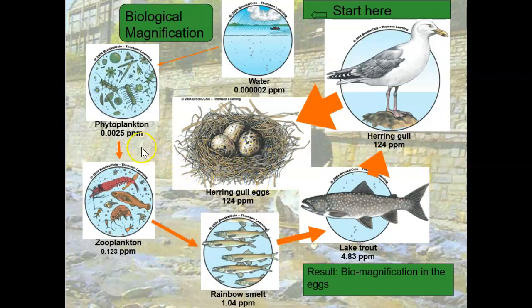So in this case, you can see the parts per million, the ppm, going up each time as we go from the water to phytoplankton to zooplankton to the smelt to lake trout to the herring gull to the gull eggs. Biomagnification.